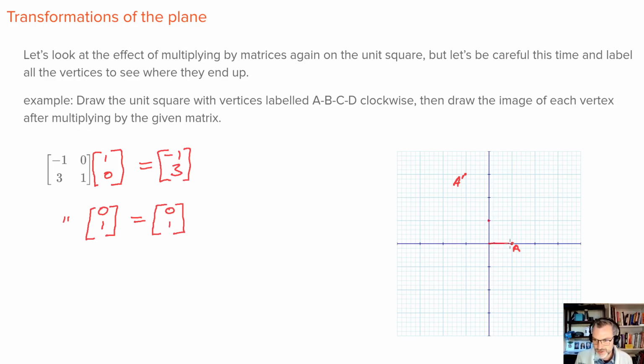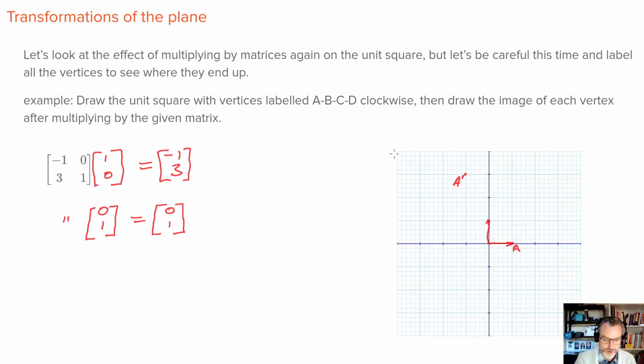So you can imagine if I had a box, it starts here, but then this vector that I labeled A kind of gets flipped and stretched up over here. Okay, so you can see it kind of flips along the vertical axis and then stretches vertically.